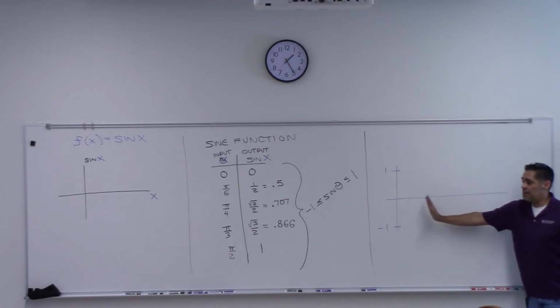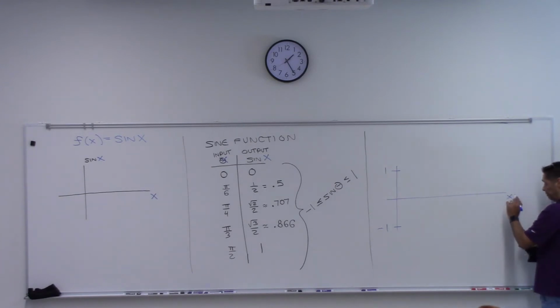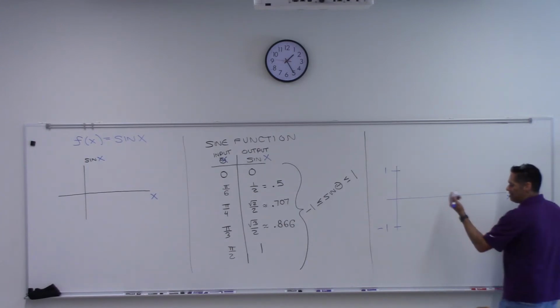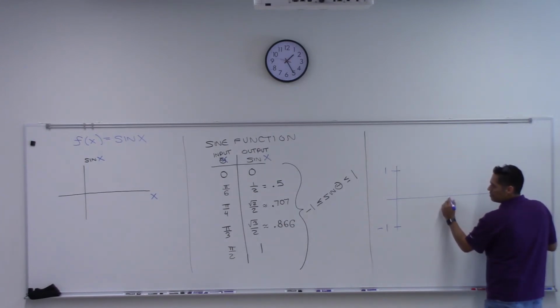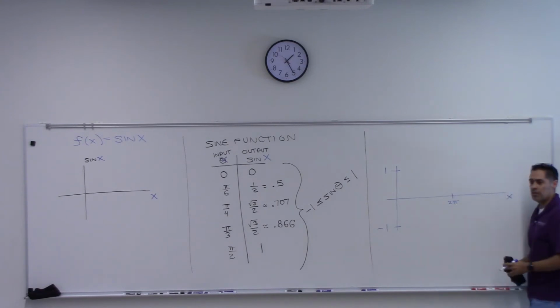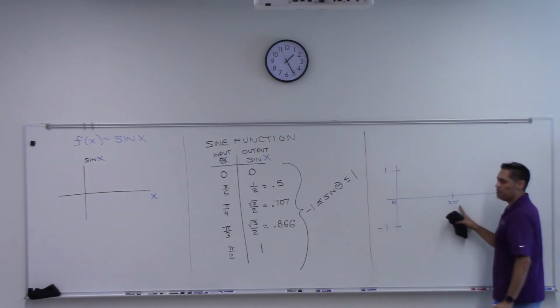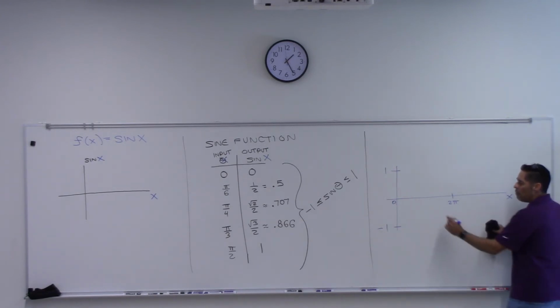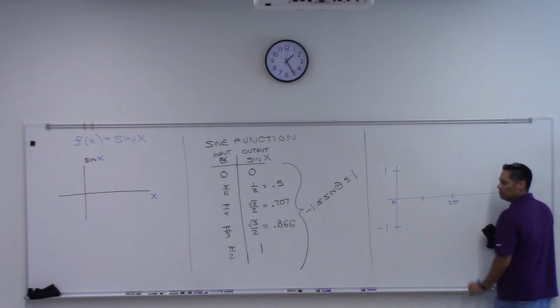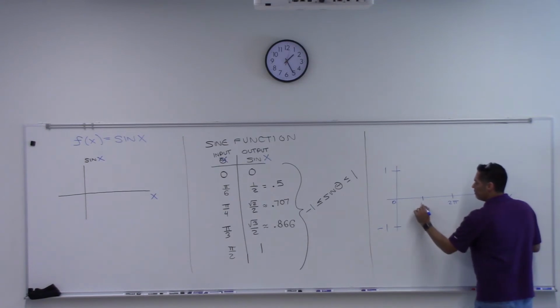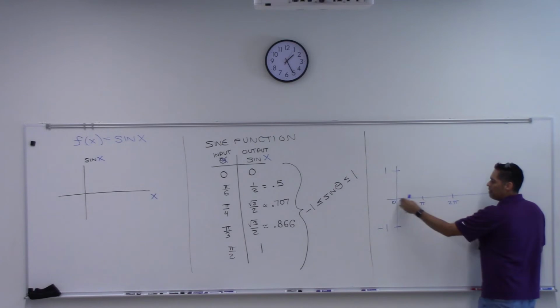And then this x-axis are actually the angles that I'm plugging in, and those can be anything. But just for the sake of our first demonstration here, imagine that that's 2 pi, so that's a full revolution. Okay, here's 0, and here's 2 pi. Halfway between those two would be what angle? Pi. And what would be halfway between 0 and pi?